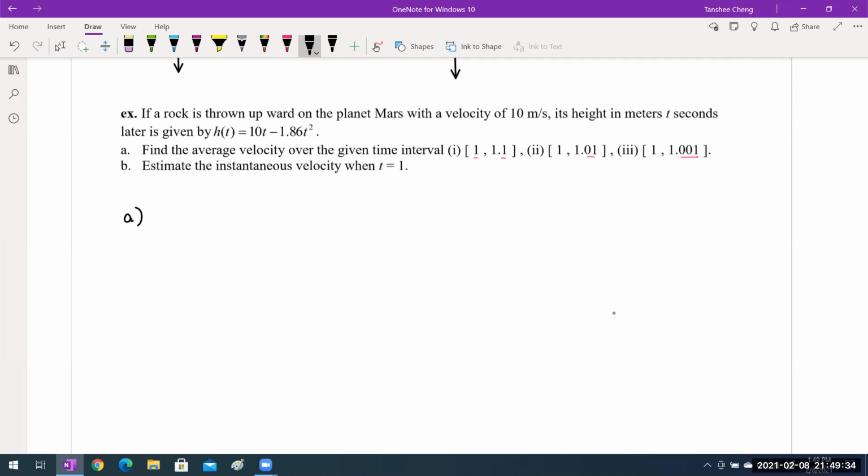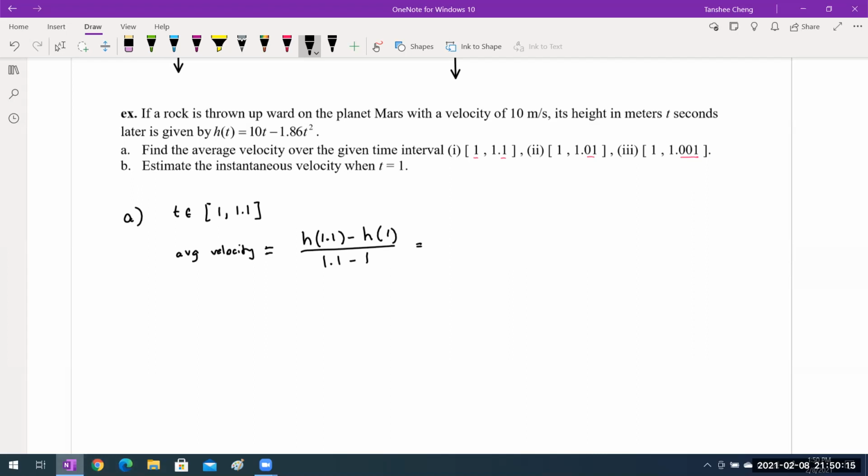So part A, for the time interval 1 second to 1.1 seconds, what is the average velocity? Average velocity in this case is change in position over change in time.